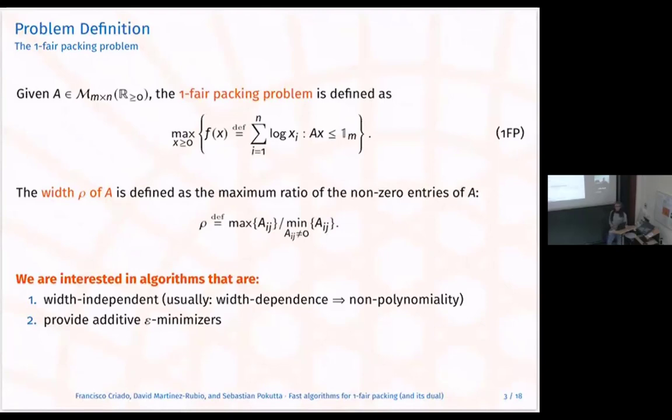The reason for this is if you typically have width dependence, it means that you have some form of non-polynomiality in the parameters that we don't want here. That's the first thing that we care for. And the second thing that we care for is that we want additive epsilon minimizers to this optimization problem. So that's the very basic setup for today.